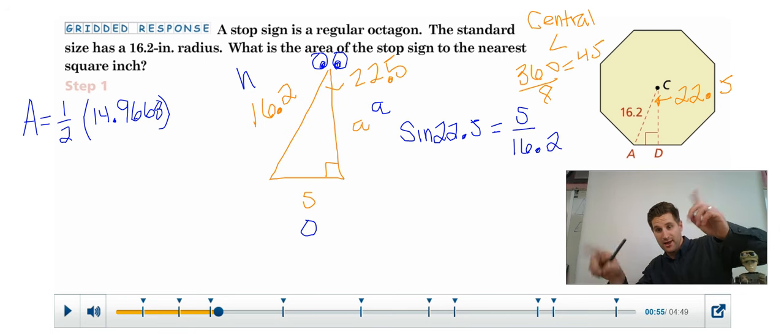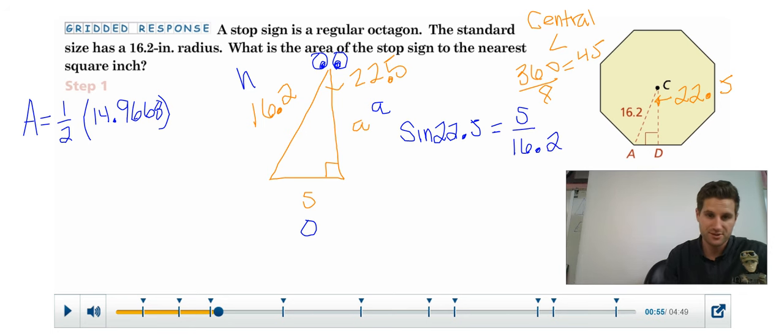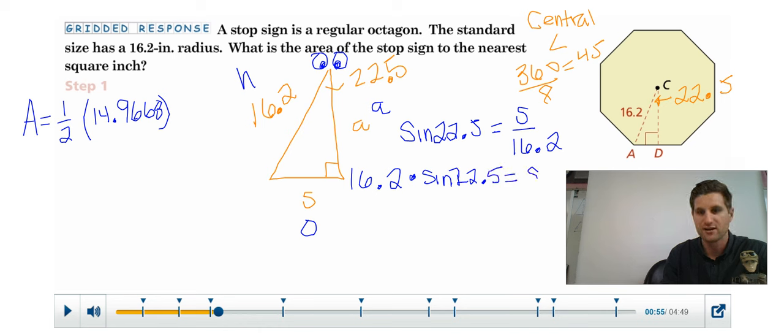We're going to go ahead and multiply that across. 16.2 times the sine of 22.5 equals our side length.